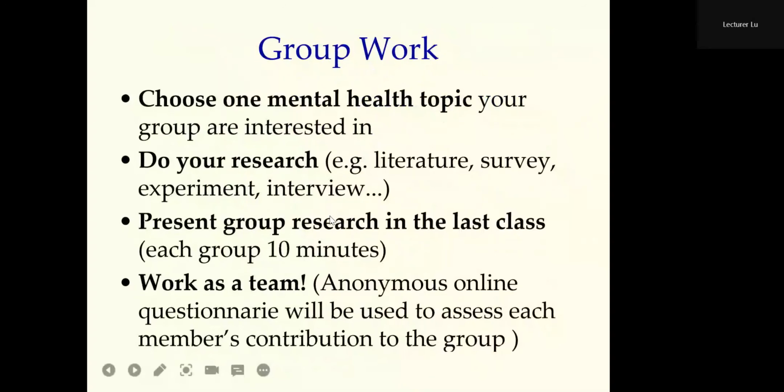And now we are going to talk about what our group work is. First, you're going to choose one mental health topic your group is interested in. As I said earlier in the WeChat group, it's one group, one topic, okay? It's not that everyone chooses one topic.